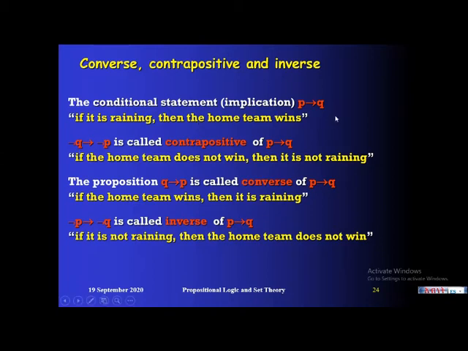So, if you are given P implies Q, and you make it negation Q implies negation P, it is called the contrapositive of P implies Q. If you make it Q implies P, it is the converse of P implies Q. And if you make it negation P implies negation Q, it is called the inverse of P implies Q.